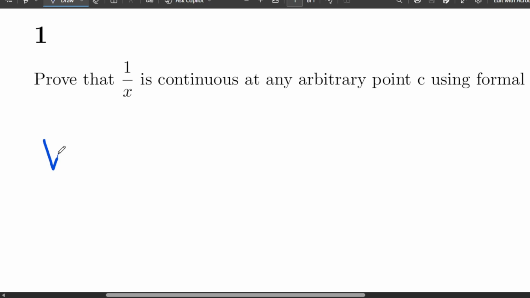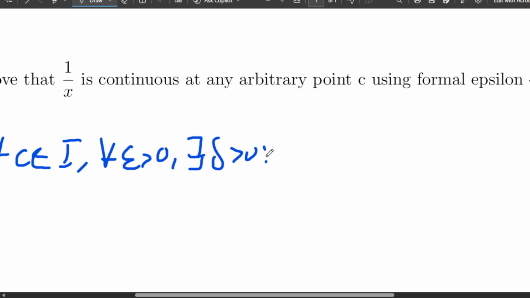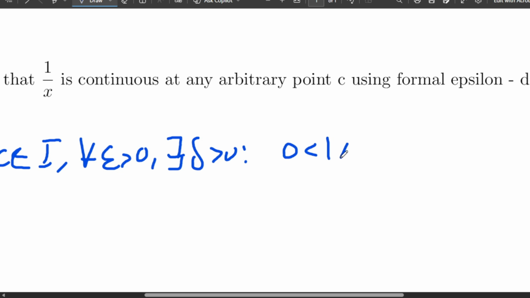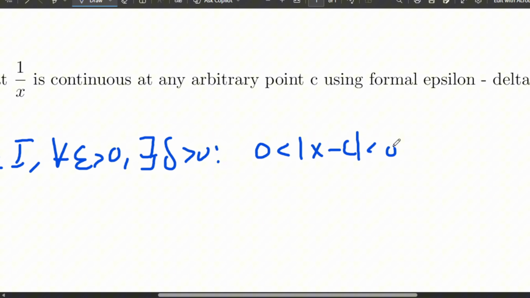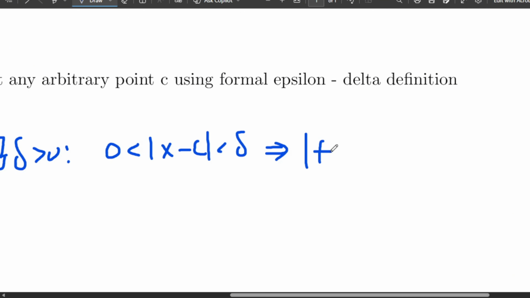So for the epsilon-delta definition of continuity, it is given that for every c in the interval I and for epsilon greater than 0, there must exist a delta greater than 0 such that the distance |x minus c| less than delta implies that the distance |f(x) minus f(c)| is less than epsilon.